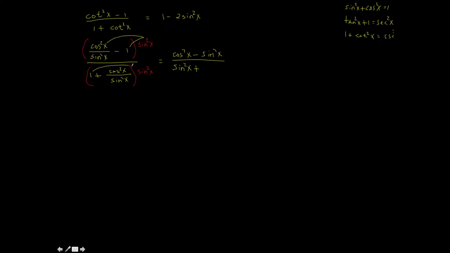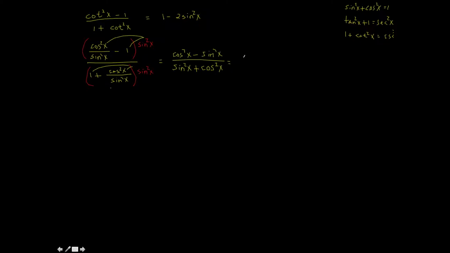And sine squared times cosine squared over sine squared. The sine squareds will cancel, leaving me with cosine squared. Now, you can easily see that the bottom is going to equal 1. That's your Pythagorean identity.